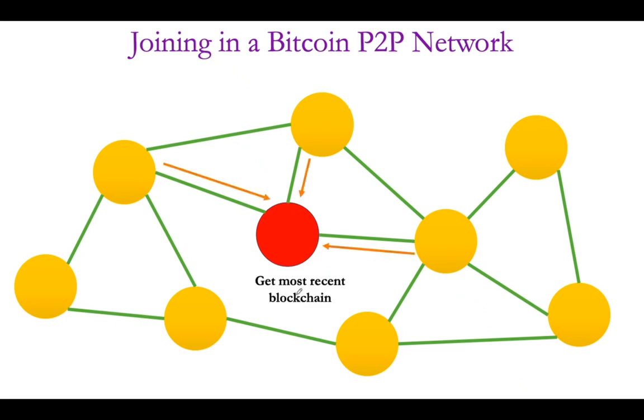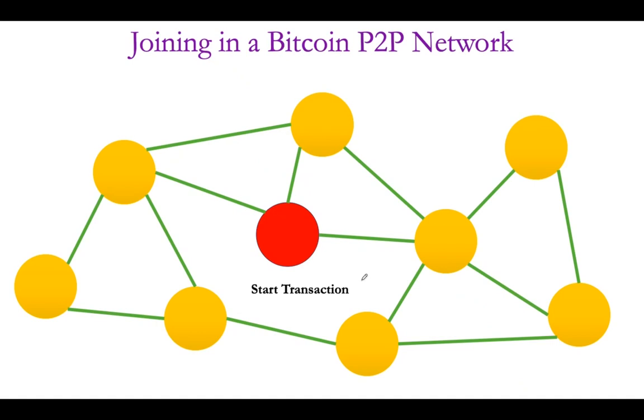It gets the most recent blockchain ledger from these nodes: one copy from this node, one copy from this node, one copy from this node. So as it newly joins the network, it also has the updated copy of the block. That block has transactions. So the most recent blockchain block is there.